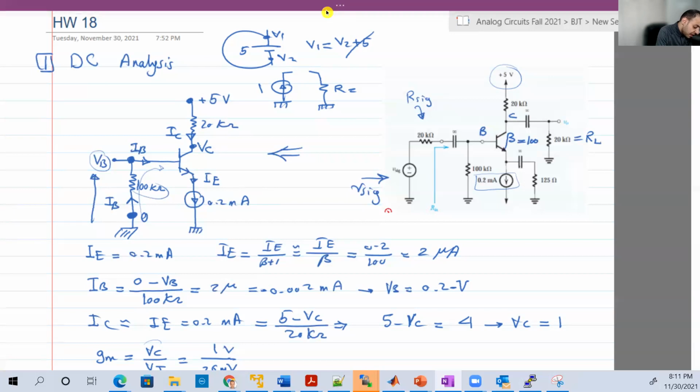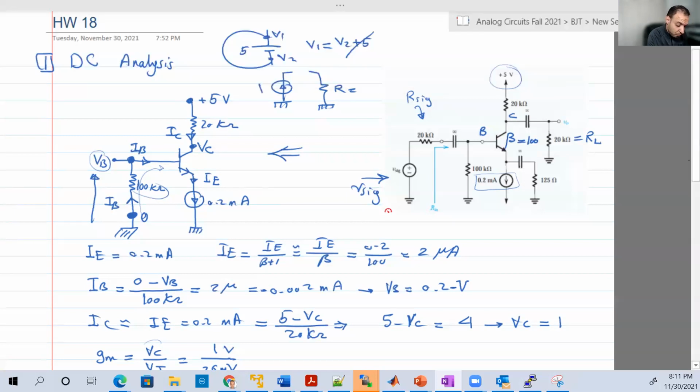So we're going to short the capacitors like this, open that guy, and short that guy.